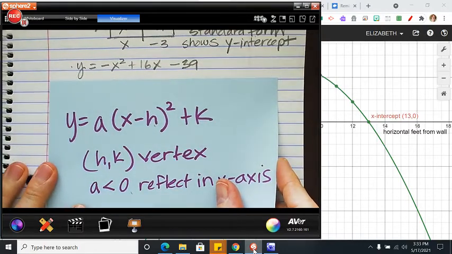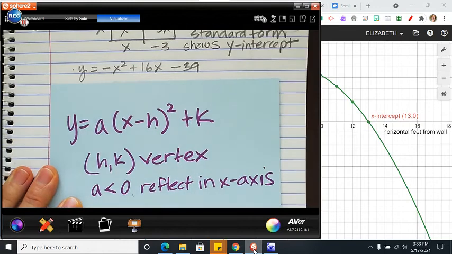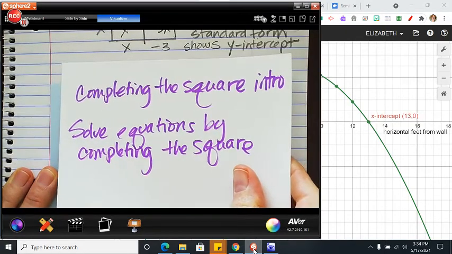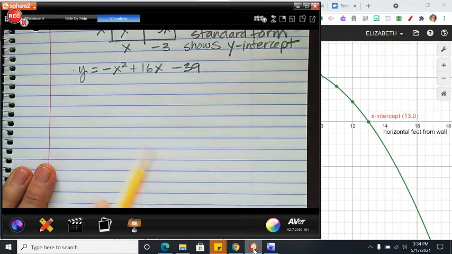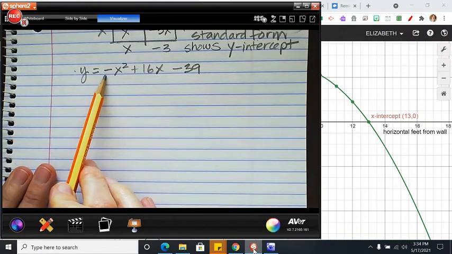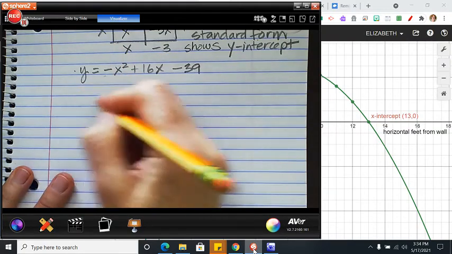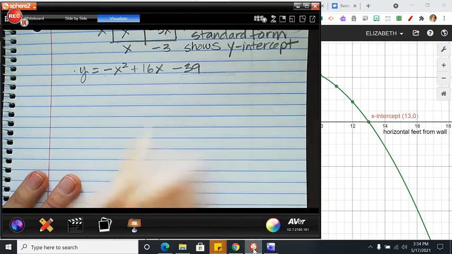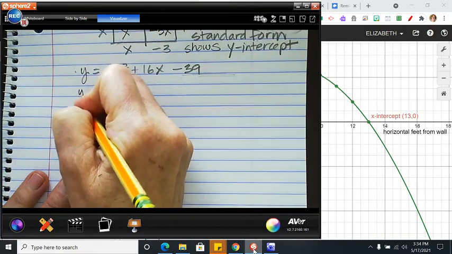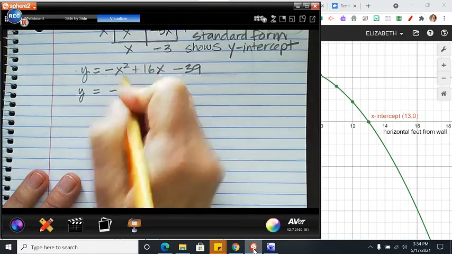And we did some of this work when we did completing the square intro. Solving these two Khan assignments are related to changing it from standard form to forcing it to be a square. So the first thing I'm going to do is I might just leave that negative there, but I am going to move this 39 over and just give myself some space. So I'm going to write y equals negative x squared.